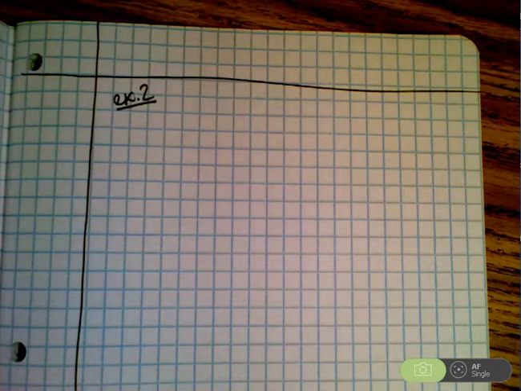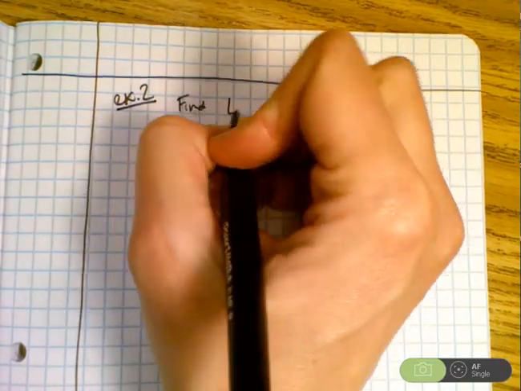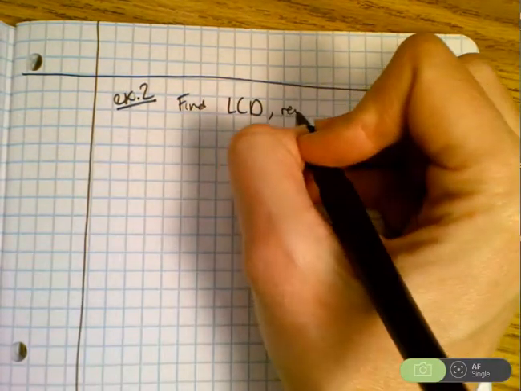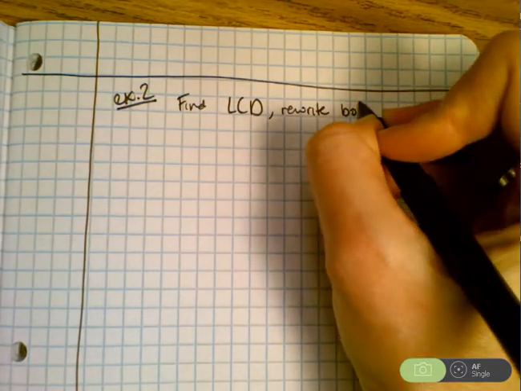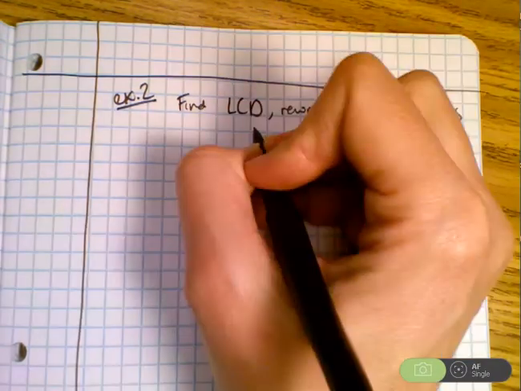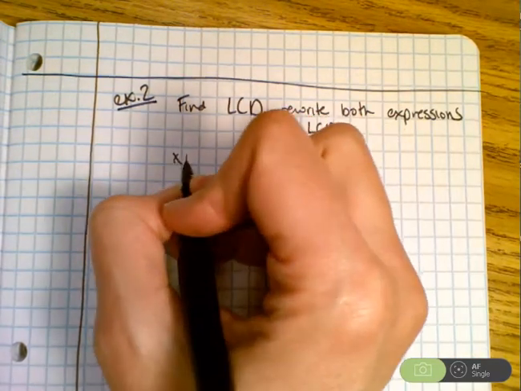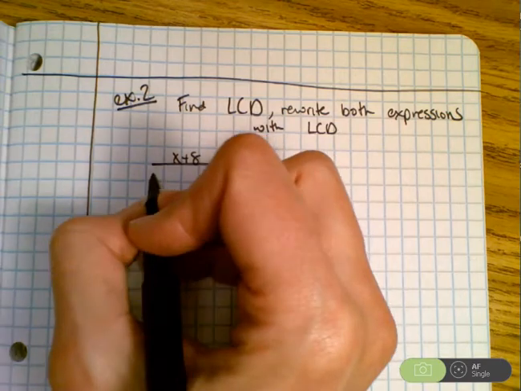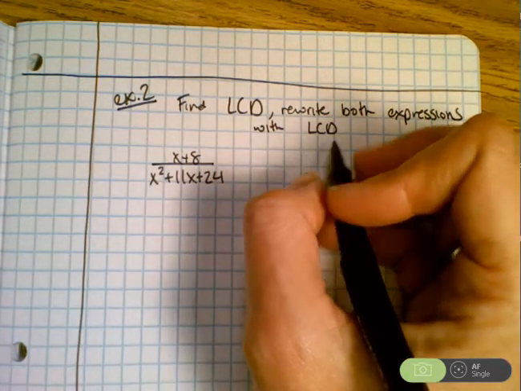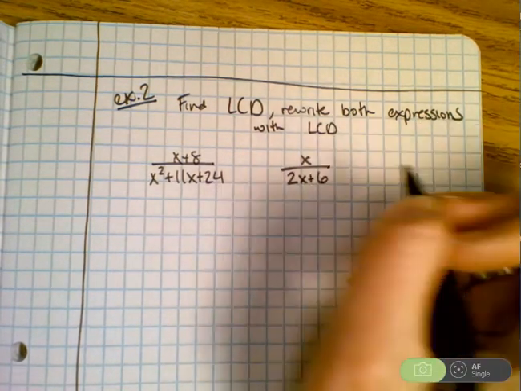This time I'm going to find the LCD again, and rewrite both expressions with that LCD. My first one is x plus 8 over x squared plus 11x plus 24. My second one is x over 2x plus 6.